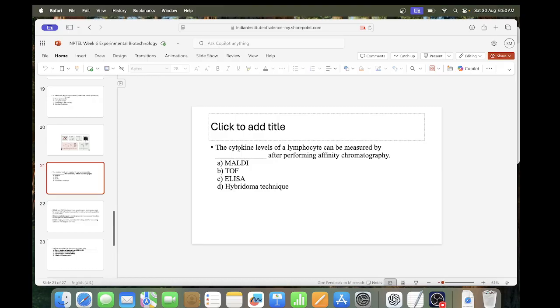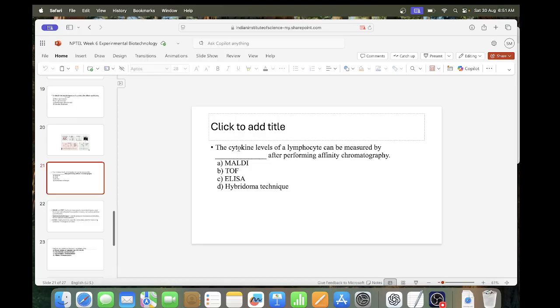Okay, so what do we do there? It involves the fusion of antibody producing B cells with myeloma cells to form a hybridoma cell line. Okay, so we take a B cell that produces antibody for one particular antigen, and then we fuse it with a myeloma cell so that it can infinitely produce the same antibody, right? Yes, sir.